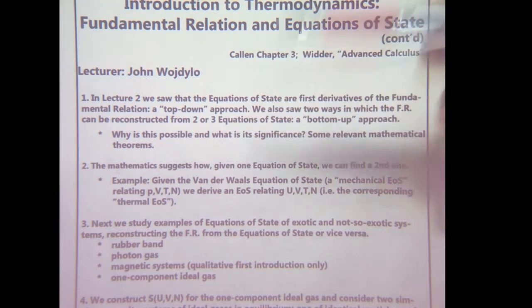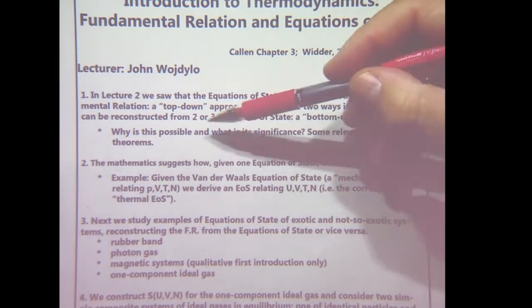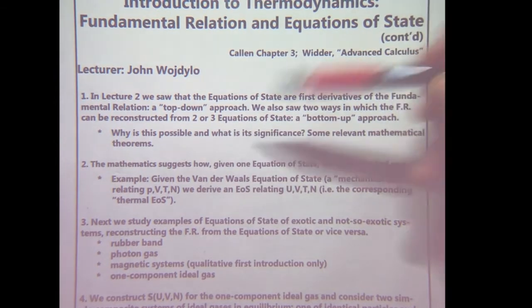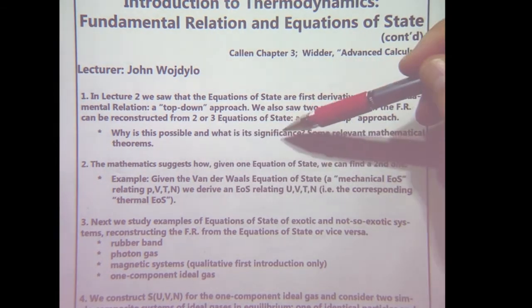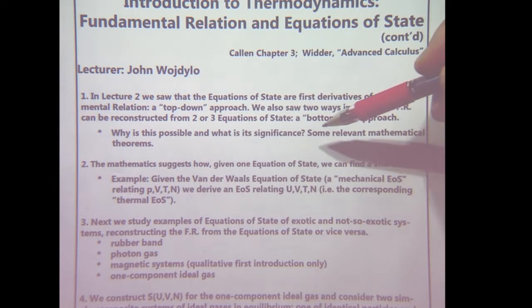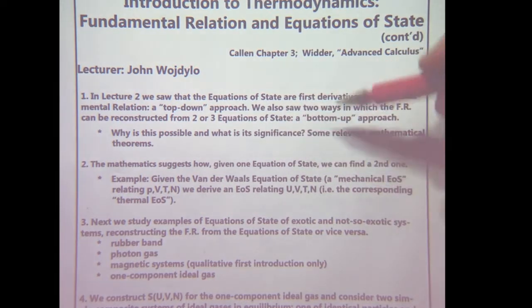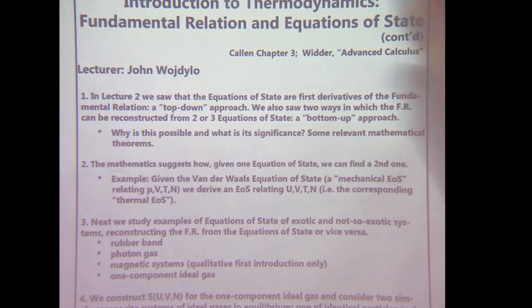But the question, something that we didn't actually answer, is why is this possible and what is the significance of that? Now, this is going to be a mathematical answer, not the physical answer. So we're going to ask a mathematical question here, and look at some relevant mathematical theorems from this book here.